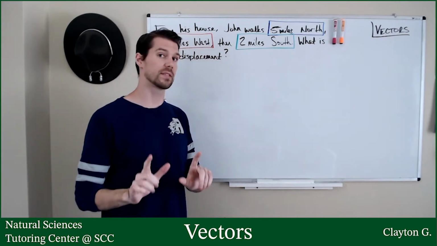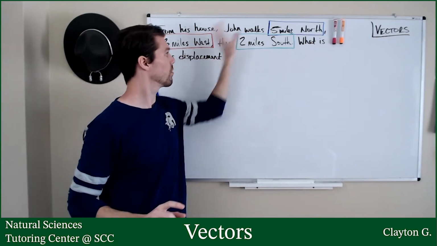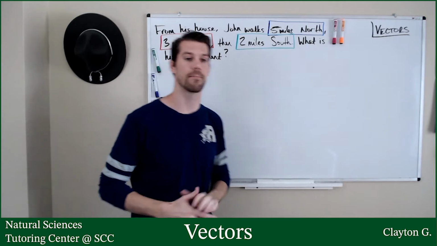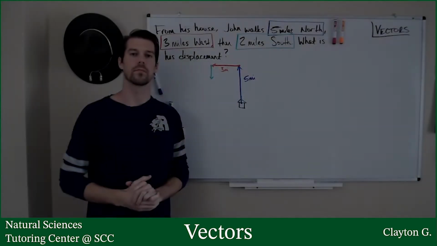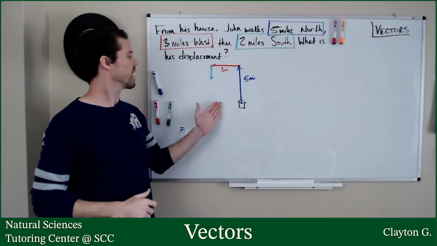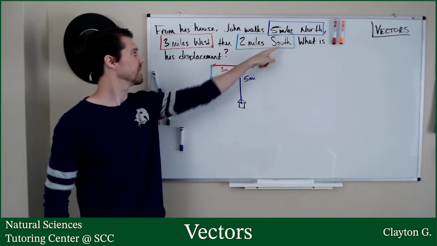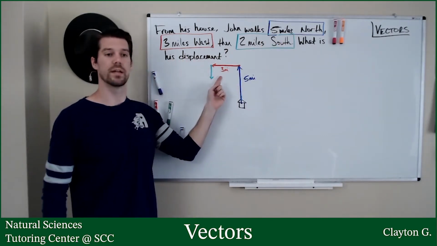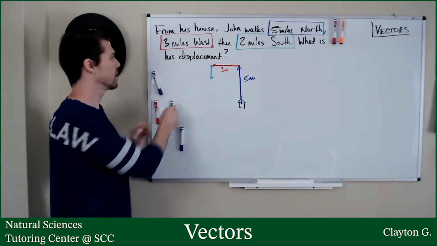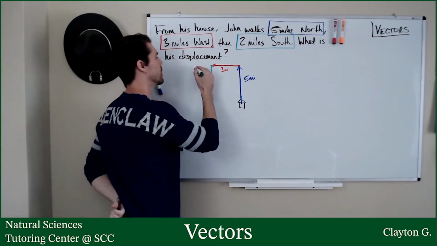All right, so give me 1 second. I'm going to draw these up on the board here, and we'll be right back. All right, perfect. So what we have here is each of these three vectors drawn out. So 5 miles north is in blue, 3 miles west is red, and 2 miles south is in green.